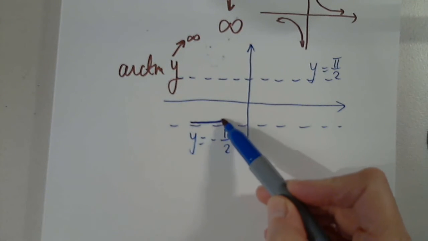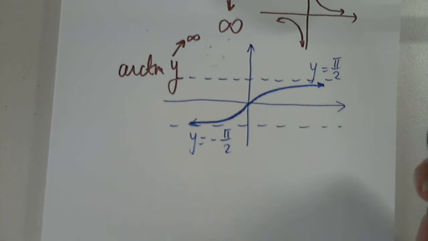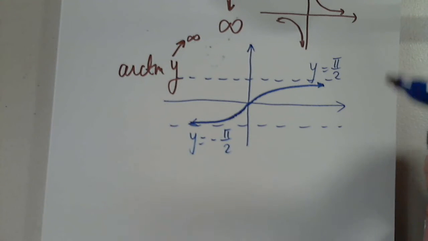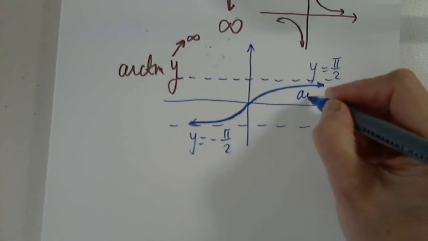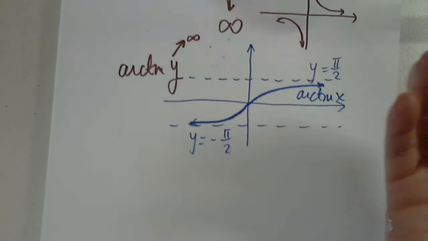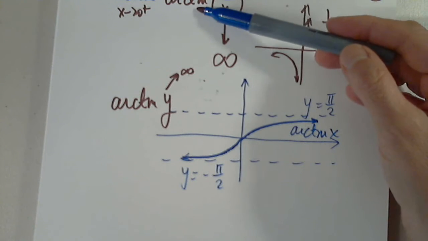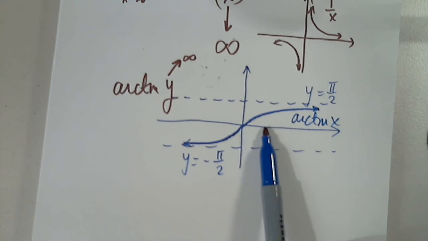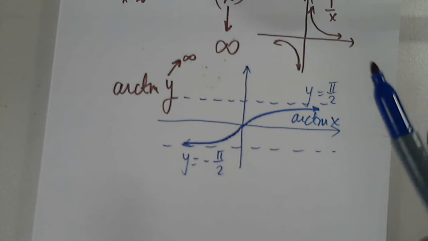And here's the graph. It kind of looks like x cubed, but it's not a polynomial function. A polynomial function will never have horizontal asymptotes. So this is arctangent x. So when the argument of arctangent approaches infinity, the function arctangent will approach pi over 2.